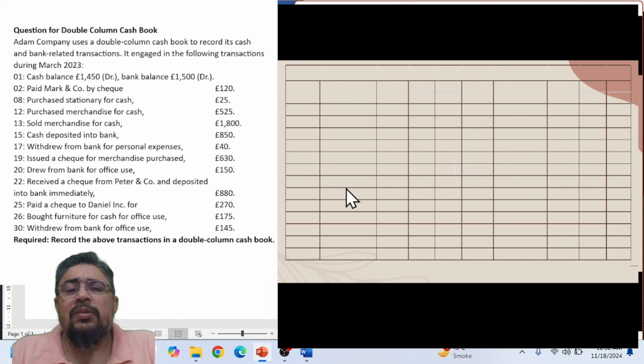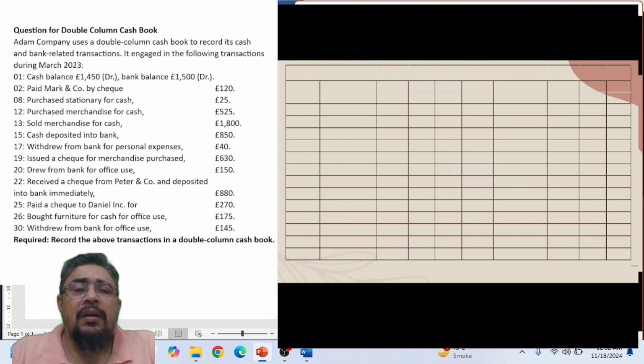Here, this is the format of the double column cash book. You can see there are two sides, debit and credit. Each side has 5 columns. First of all, we will give the heading.